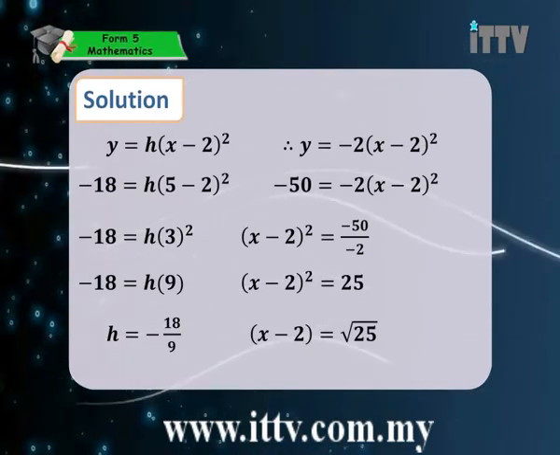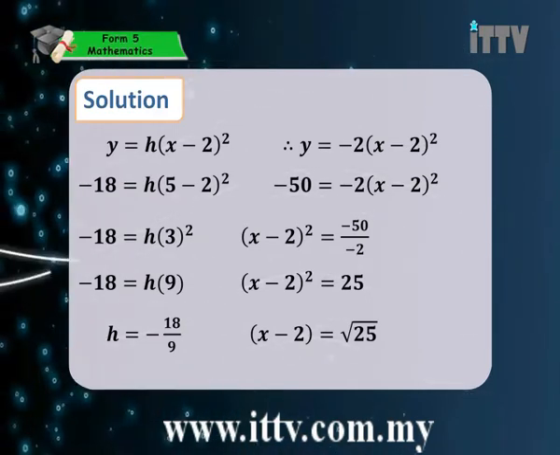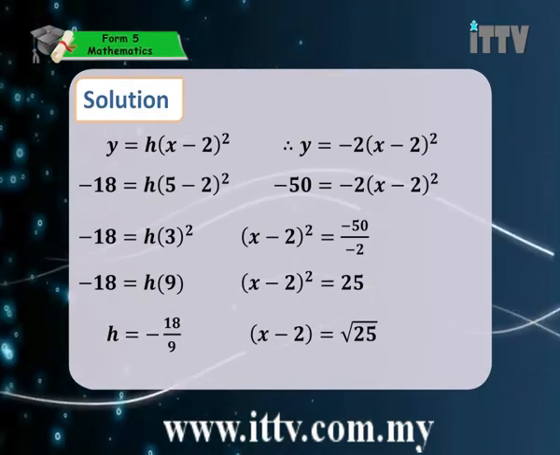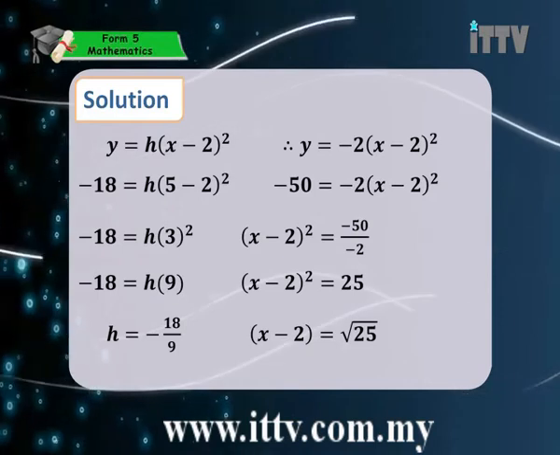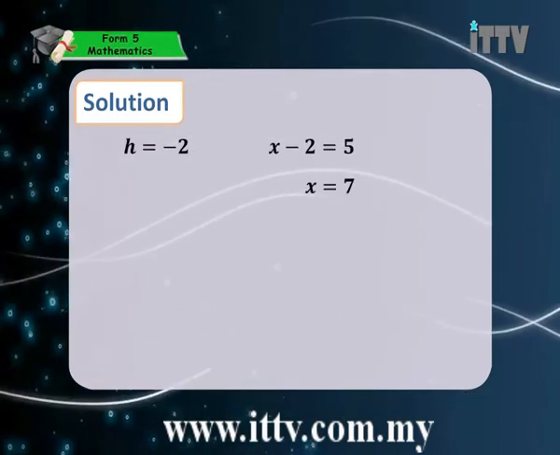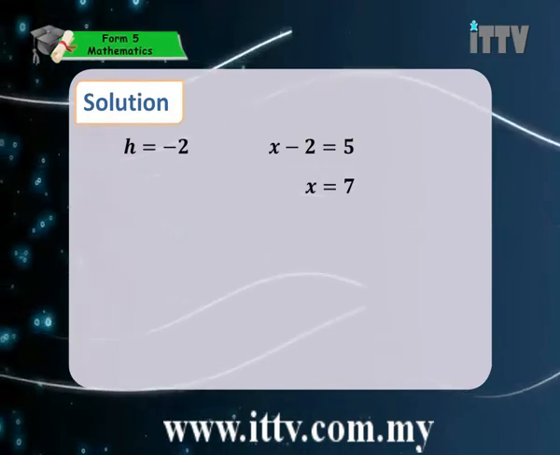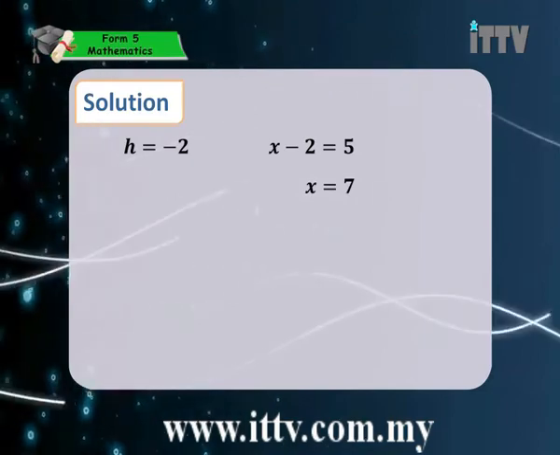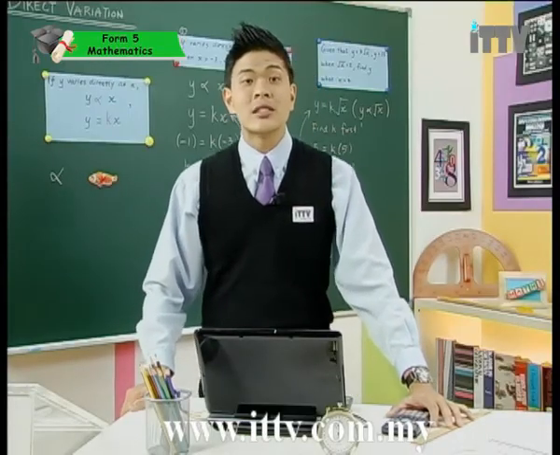Negative 50 equals negative 2(x minus 2) squared. So (x minus 2) squared equals negative 50 over negative 2, which equals 25, and then x minus 2 equals the square root of 25. h equals negative 2, and x minus 2 equals 5, the value of x equals 7.